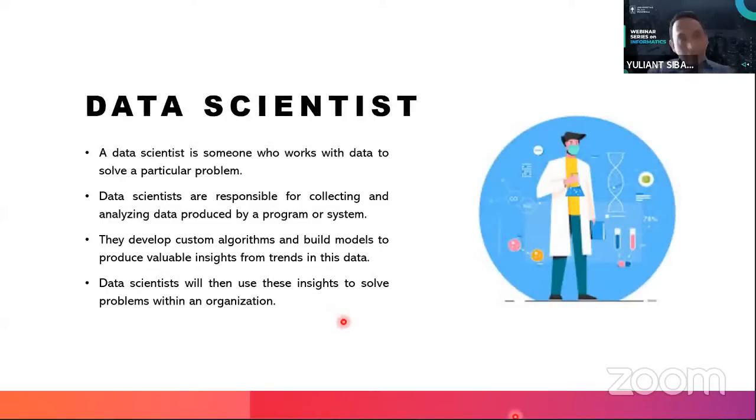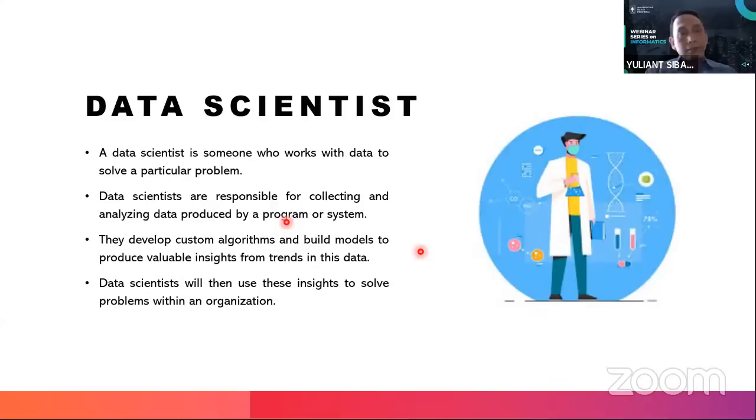And what is a data scientist? A data scientist, of course, is someone who works with data to solve a particular problem. Data scientists are responsible for collecting and analyzing data produced by a program or system. They develop algorithms and build models to produce valuable insight from trends in this data.